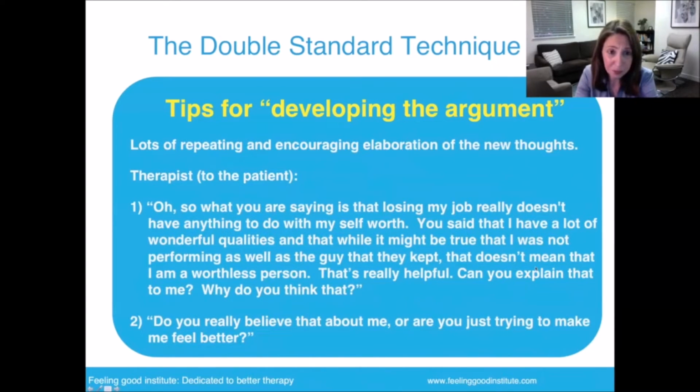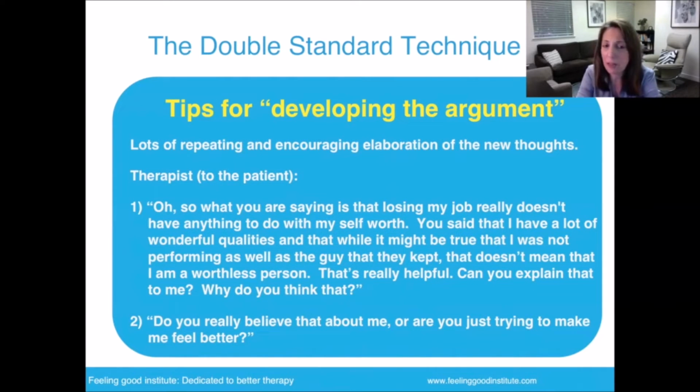So one idea here is that you want to repeat what the patient says right back to them, and you want to encourage elaboration of these new thoughts that the patient is explaining to you. So for example, if the patient responds in a way that's really useful, then I might repeat what the patient says and, oh, so what you're saying is that losing my job really doesn't have anything to do with my self-worth?